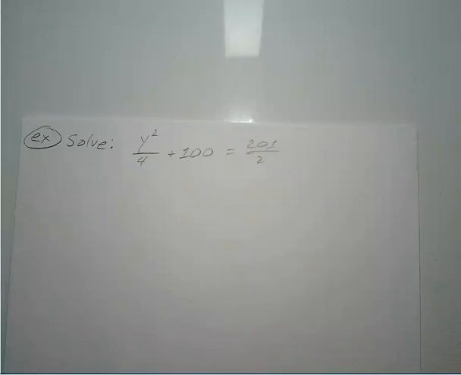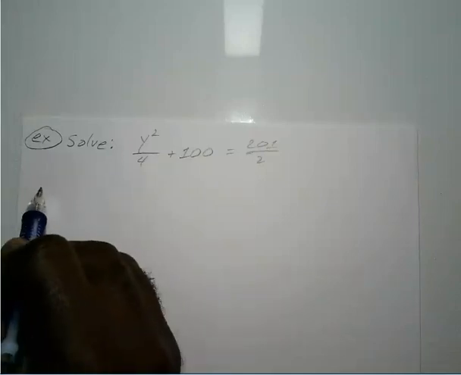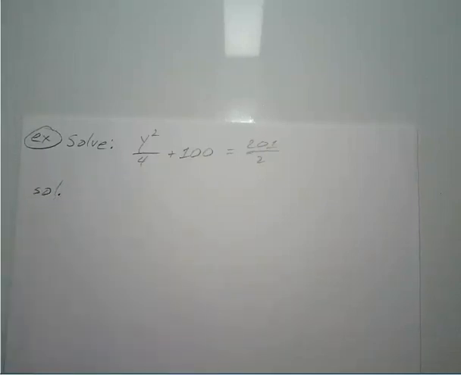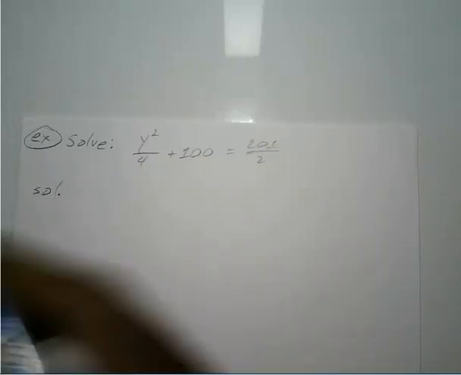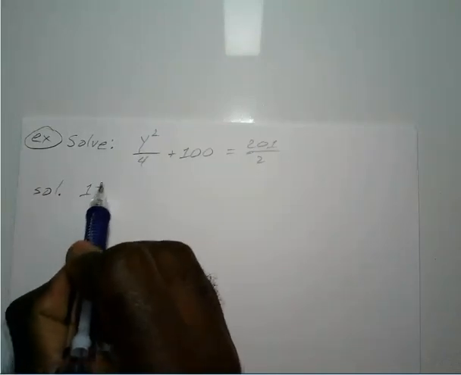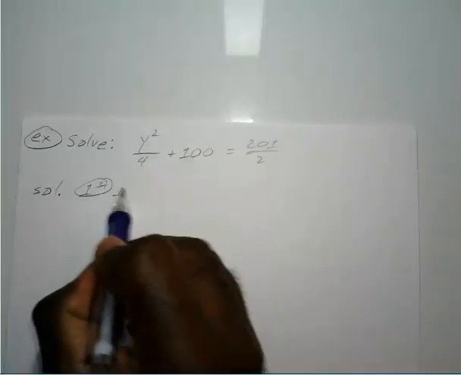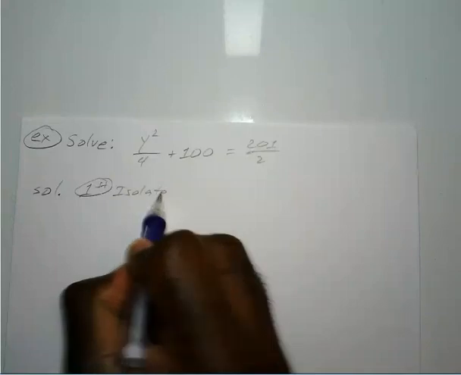Okay, so that one's a little more complicated than the previous one. But the steps are still the same. Your first step is to isolate the squared variable.